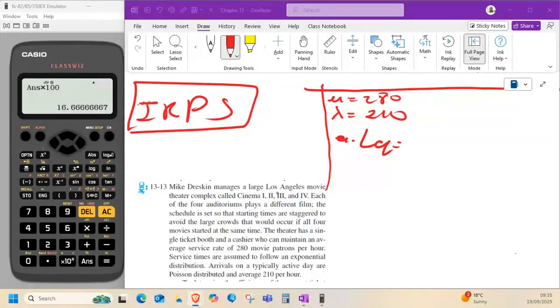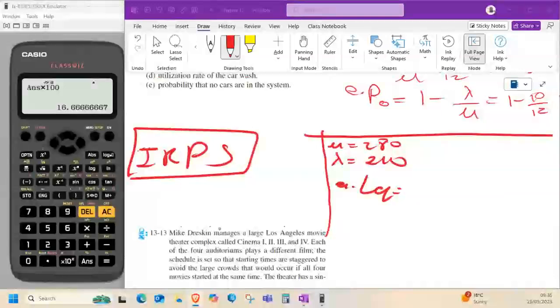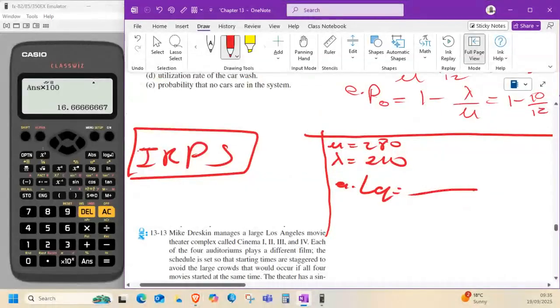So we're going to look for LQ. One thing I can assure you is that we tend to use the formulas for equations 1 to 7 and 13 to 18.